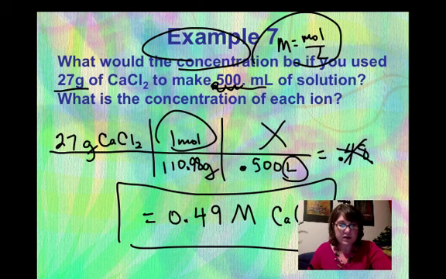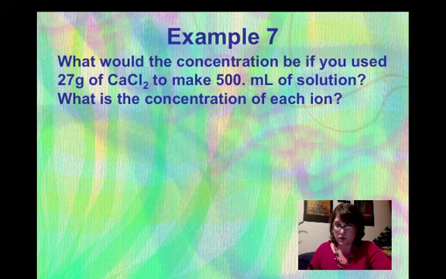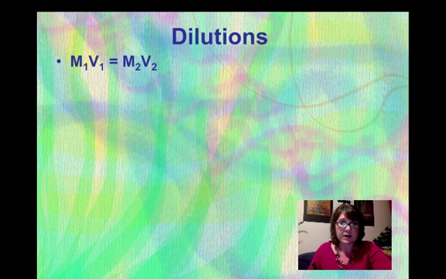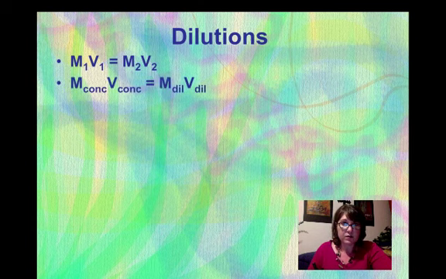Alright, so every time you solve a problem like this, you just do what you've always done. Go to moles. It's the most reliable thing you can ever think to do. Now if we're talking about a dilution, then we're going to take something concentrated and make it more dilute. And here's the rule that we're going to follow. M1V1 equals M2V2. In other words, the number of moles has to stay constant.